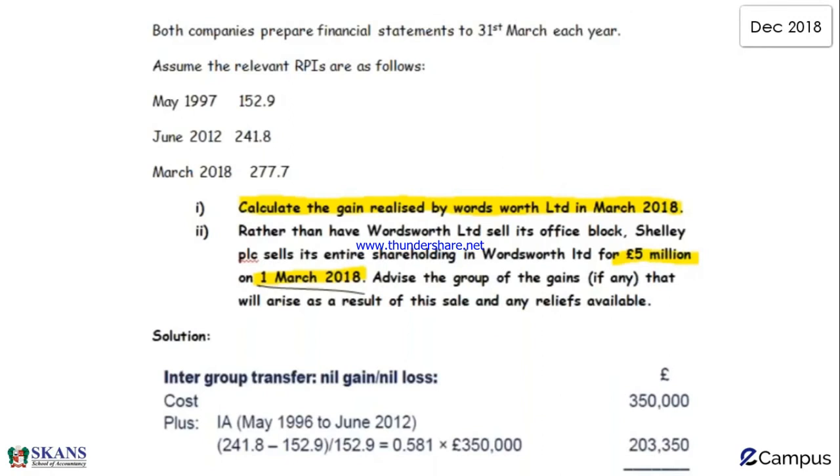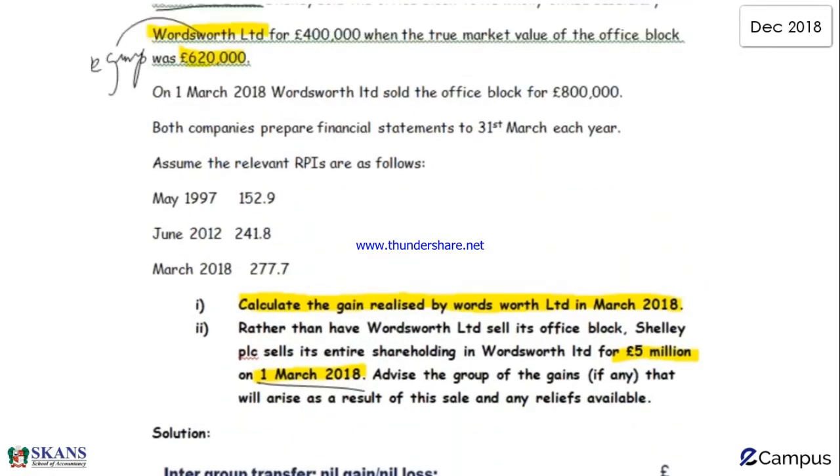And how do we calculate the degrouping charge? Well, we have to consider the original market value, which was 620,000, and deduct the cost, which should be indexed to the date of transfer, which is 10th of June 2012. So we will be using a cost of 350.